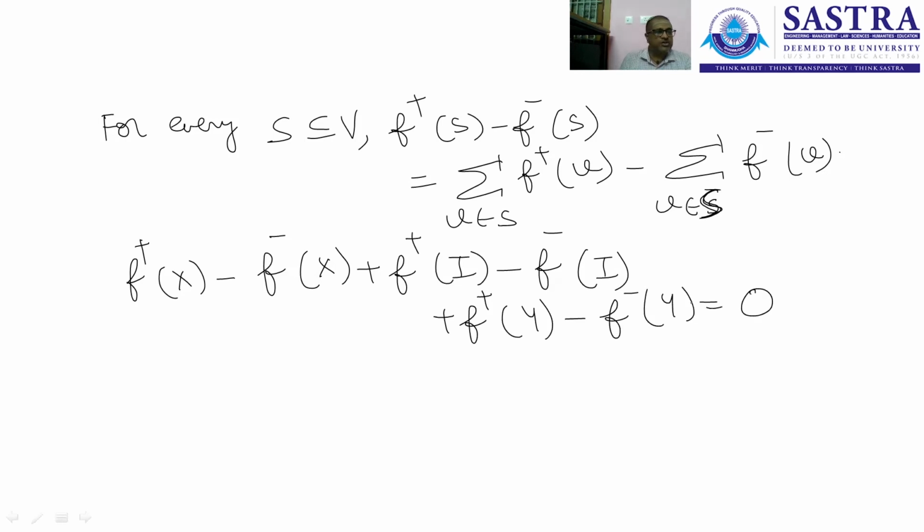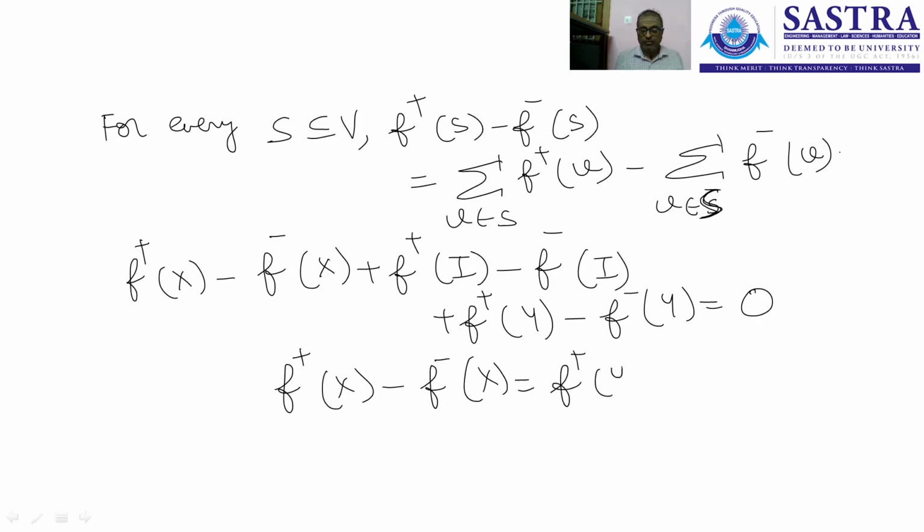This has to be 0 because of the conservation condition, and because you know that the intermediary vertices are 0, so you have f plus of x minus f minus of x, this would be f minus of y minus f plus of y.